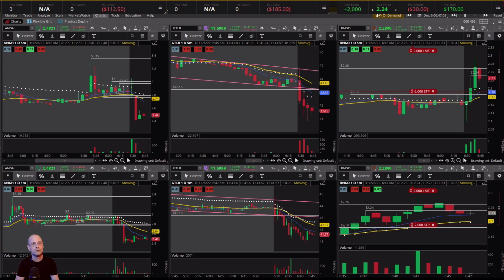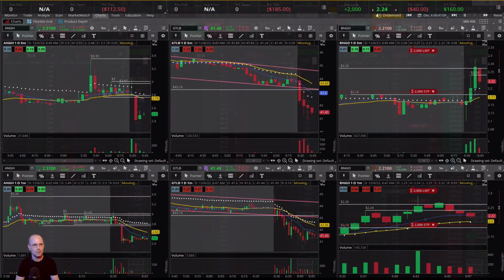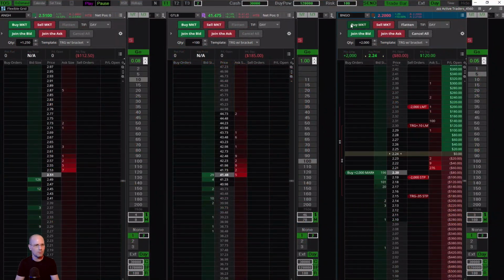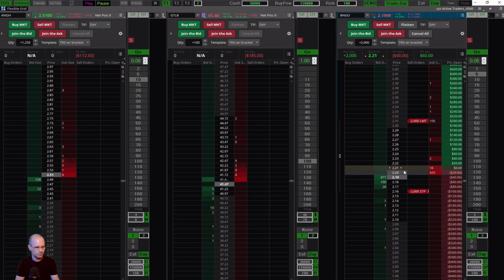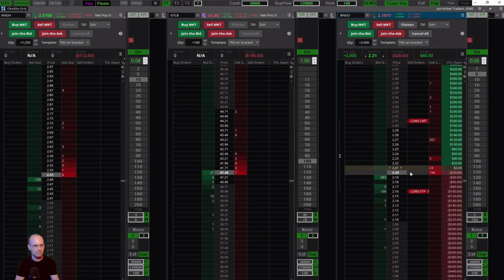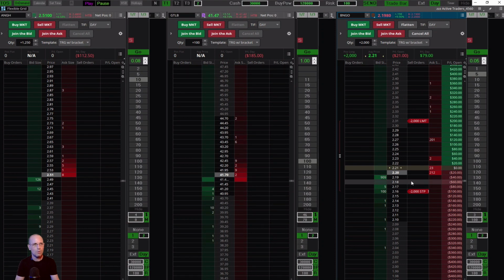So this is a new 15-minute candle. And I could add, if we come down to the VWAP, I'm going to add right there. And I got stopped out on that order.